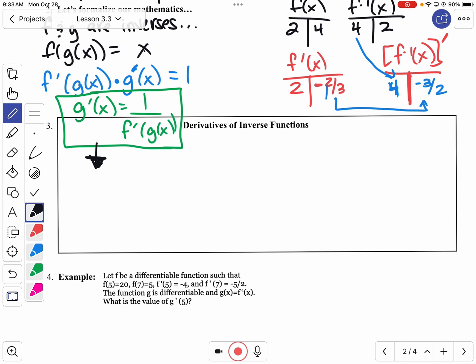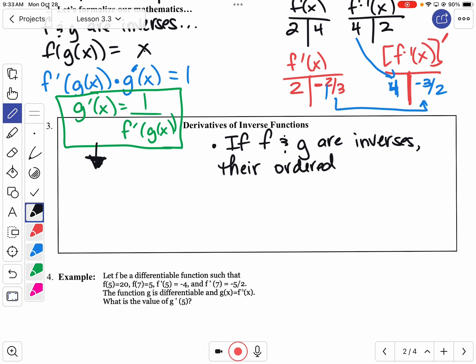But here's how I remember it. If f and g are inverses, their ordered pairs are switched. So that's the first thing I remember. If f and g are inverses, their ordered pairs switch. So I've got a and b on f of x.